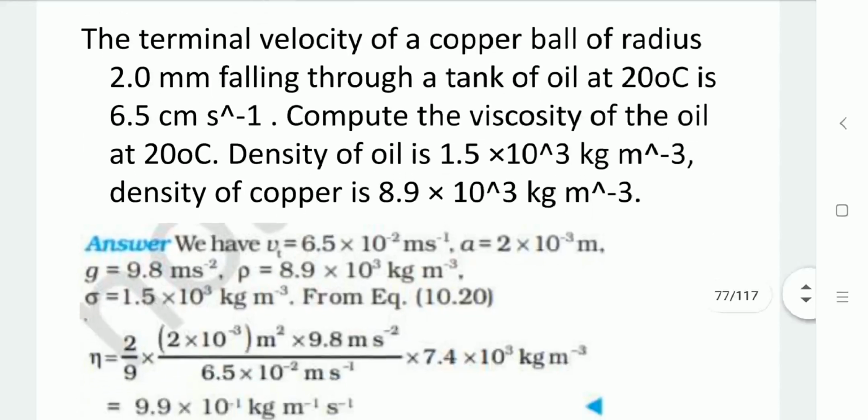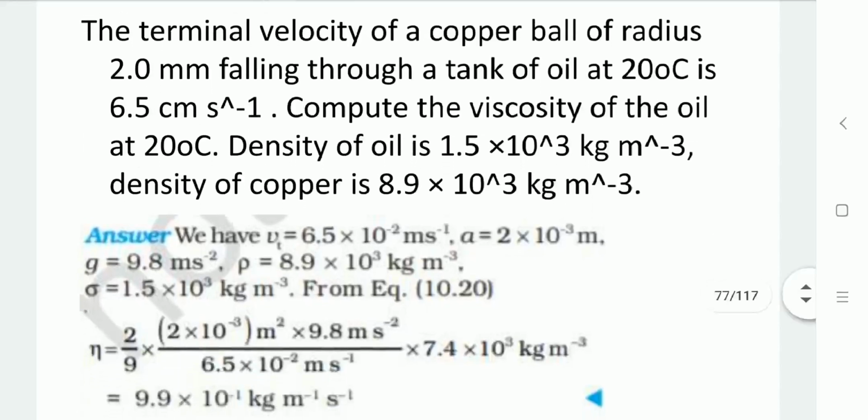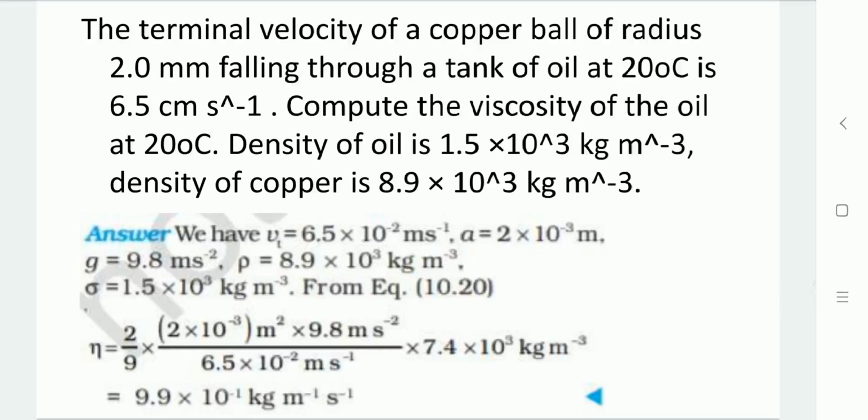So here terminal velocity vt is given as 6.5 centimeter per second. Convert into meter per second, it would be 6.5 into 10 raised to minus 2 meter per second. a, the radius of the copper ball, is given as 2 millimeter.